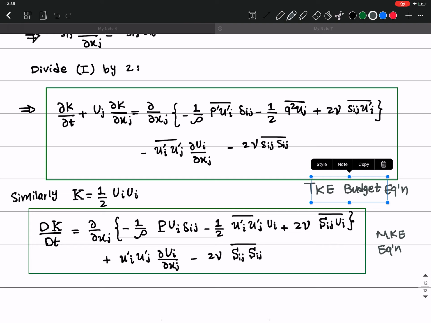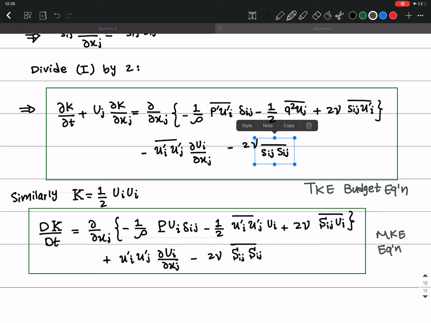So one of the things that you can see here, and we are going to discuss all these terms, what all these terms mean, one by one. Okay, in the next session we are going to give some physical insight on these terms. But one thing that you can see clearly here is that this term appears in both of these equations, but with different sign.